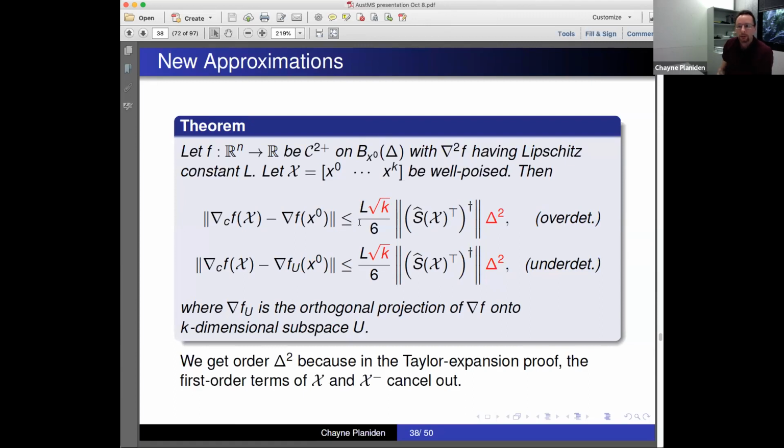That is a pretty good improvement. You get the order delta squared because in the Taylor expansion, when you do the centered method, you get cancellation because you're moving in the two directions. The first order term of the Taylor expansion cancels out, so you're left with just the second order term.